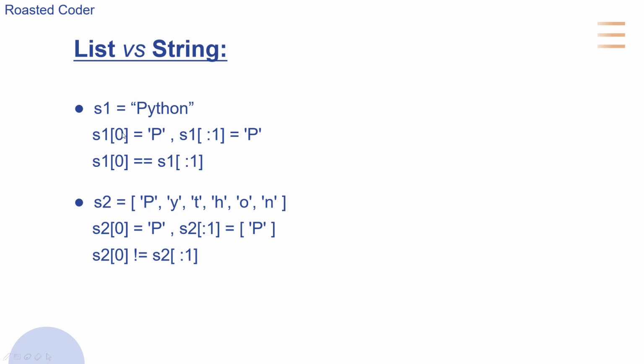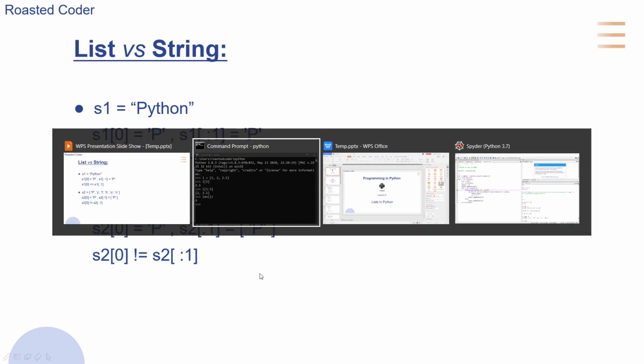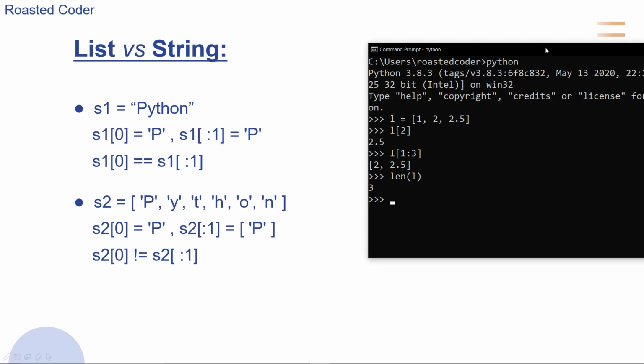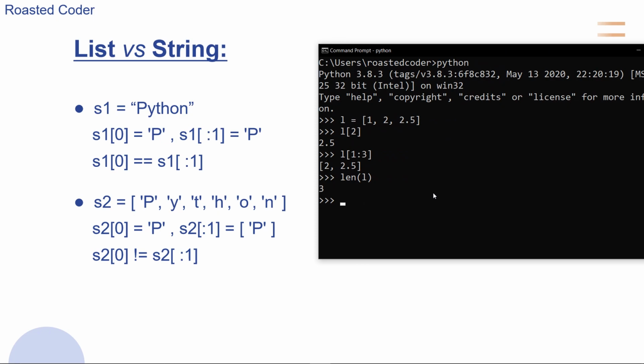So S of 0 will be a string which contains one character, that is P, and if we take a slice of the string, that will also be a string, and both are equal. You can see it's a single value and it's a slice, both are equal.